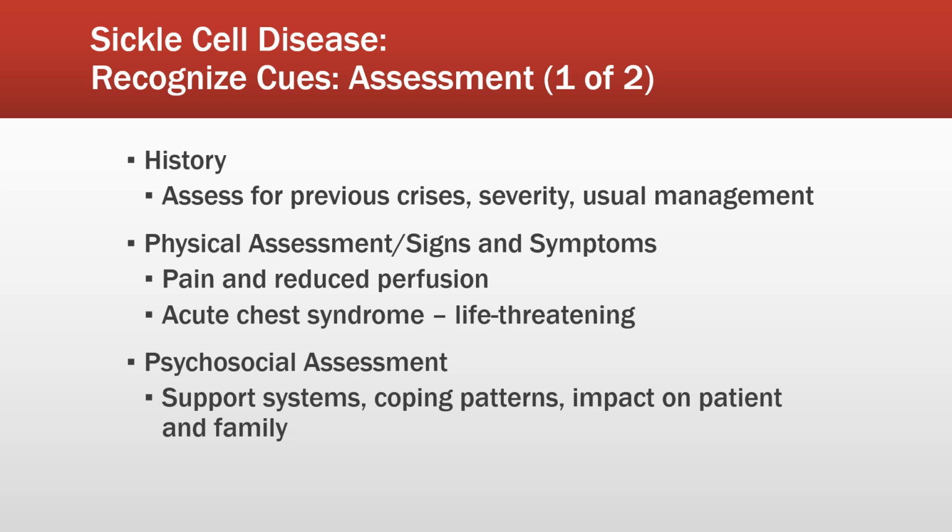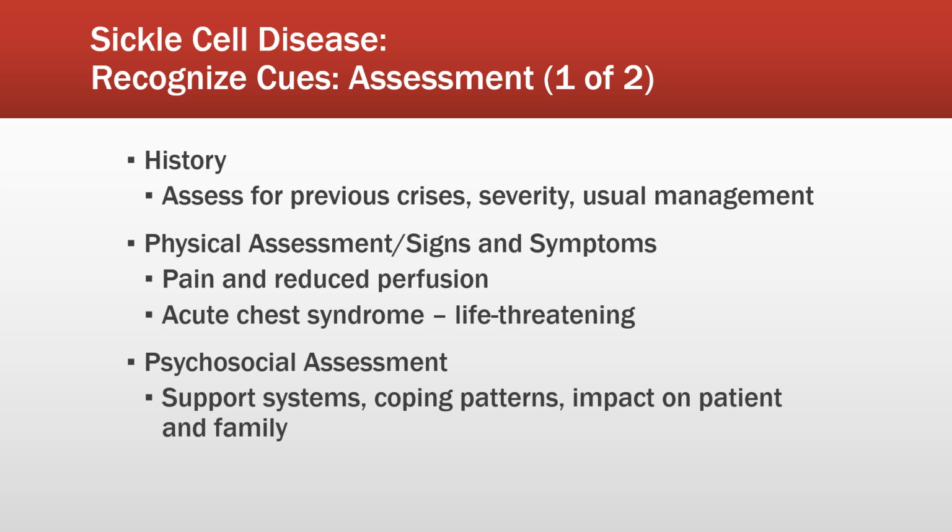With sickle cell, we also want to look at the type of foods that they eat. How much is their fluid intake? Have they been exposed to extreme temperatures? Have they been using alcohol, tobacco, drugs? Are they going through a lot of stress?